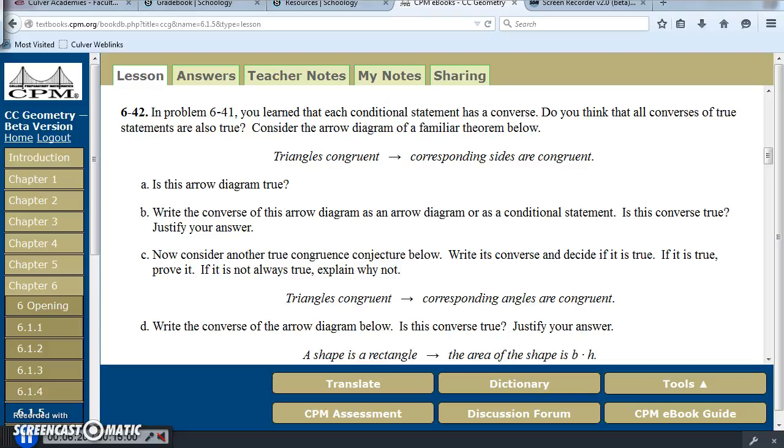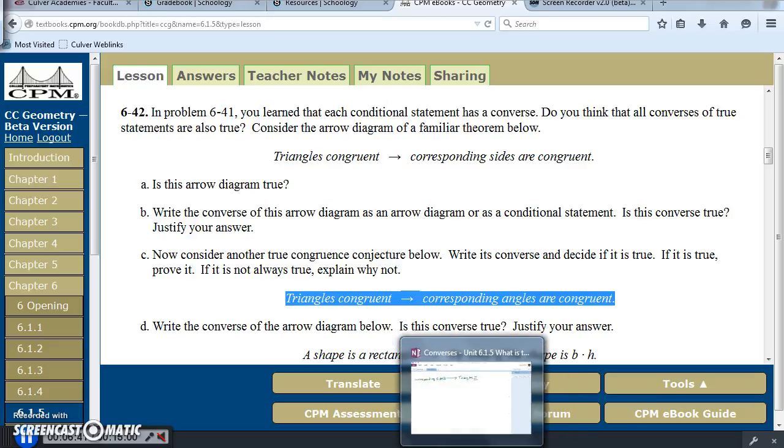Let's look at C. Now consider another true congruence conjecture. If triangles are congruent, then corresponding angles are congruent. Is this one always true? Or is it only true sometimes? So first let's write its converse.